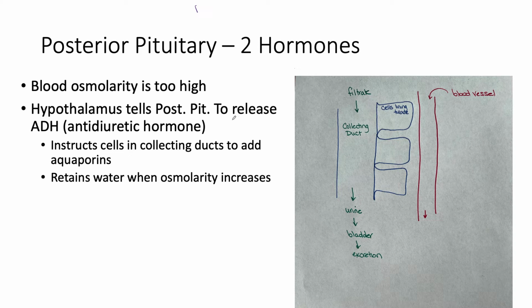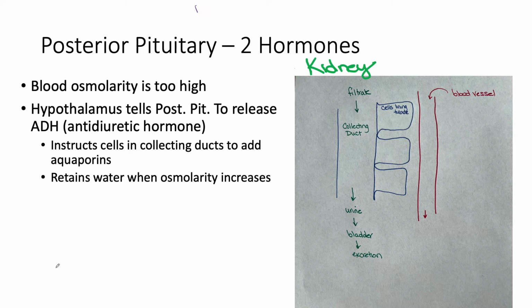Antidiuretic hormone is actually going to act on cells in the kidney. Specifically, cells that are in the collecting duct of the kidney. So the collecting duct is where we're taking the filtered plasma that we filtered out in the kidneys, and it's going down and it's going to eventually become urine, which will be held in the bladder until excretion.